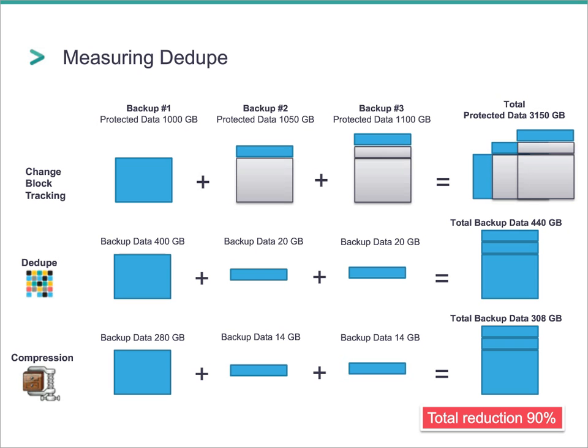And then you'll get data that compresses and dedupes well overall. So by hitting it from 2 angles with compression and data deduplication, we can reduce the data down even further. In this example, we've given ourselves a 90% data reduction over 3 change block backups.